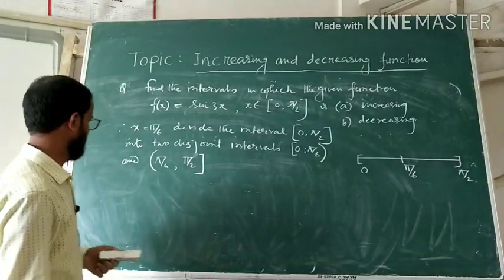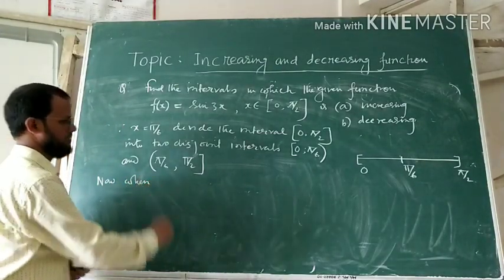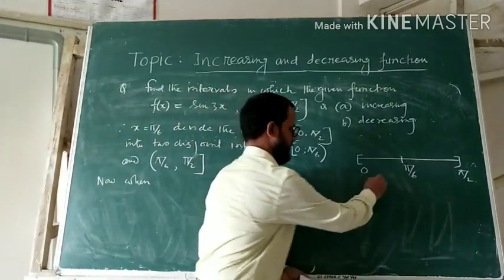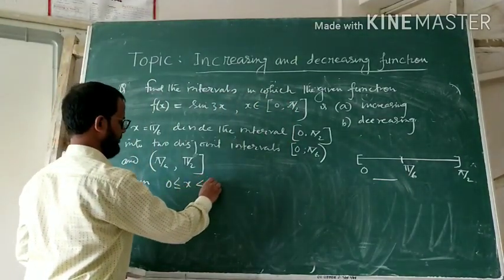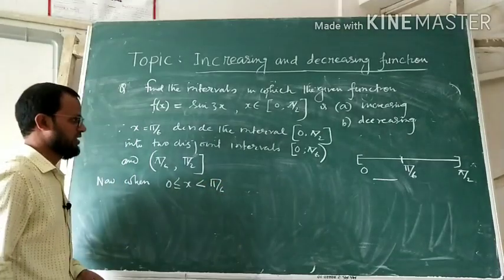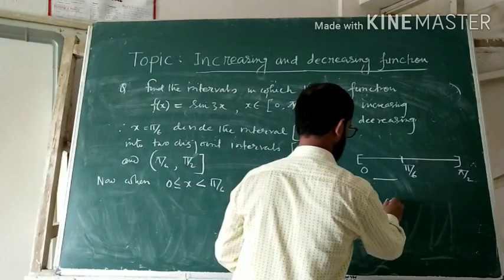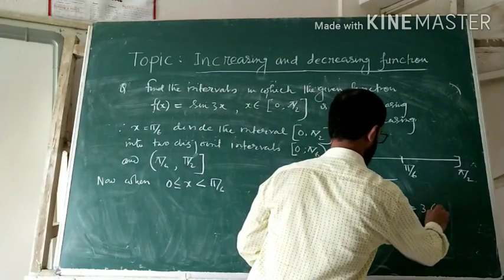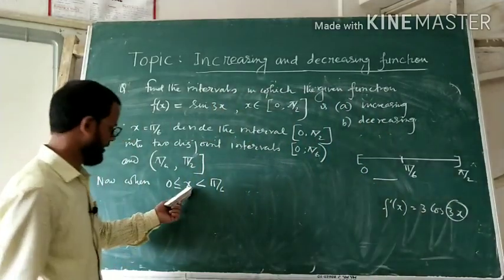Now there are two cases. First case, discuss the first case, 0 less than equal to x less than pi by 6. Very important is that your f dash x is 3 into cos 3x. Your angle is 3x, so you have to make it as 3x.